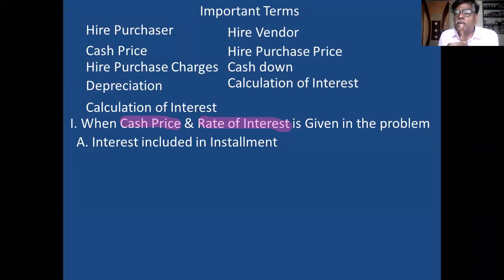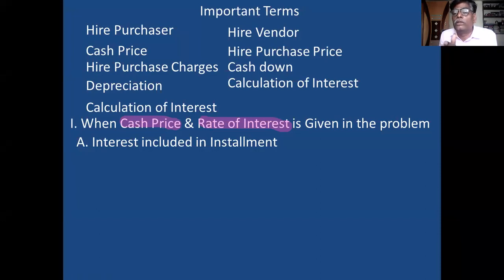If that payment is equal to the cash price, then interest is not included in the installment.